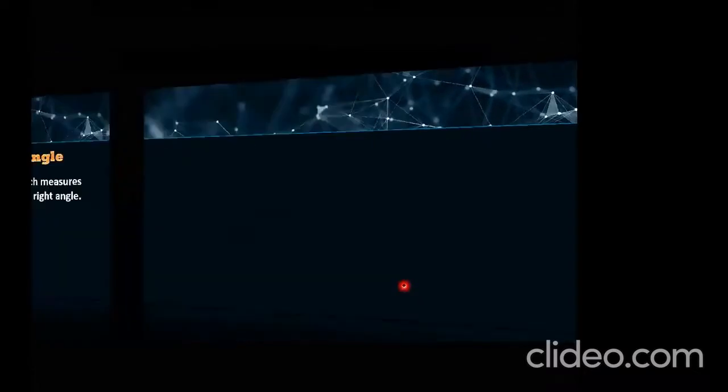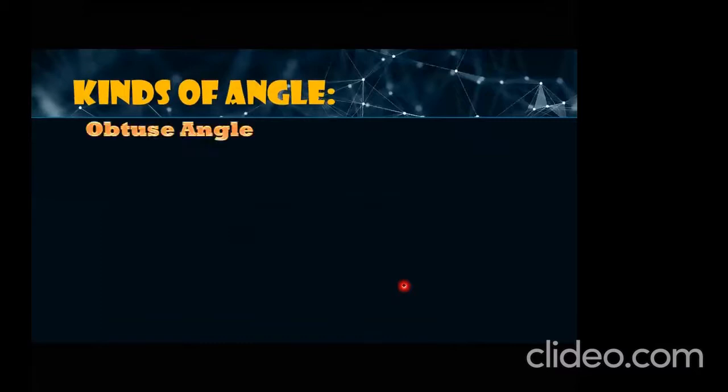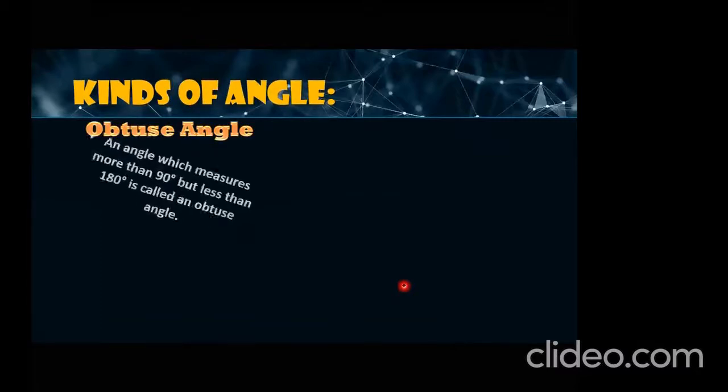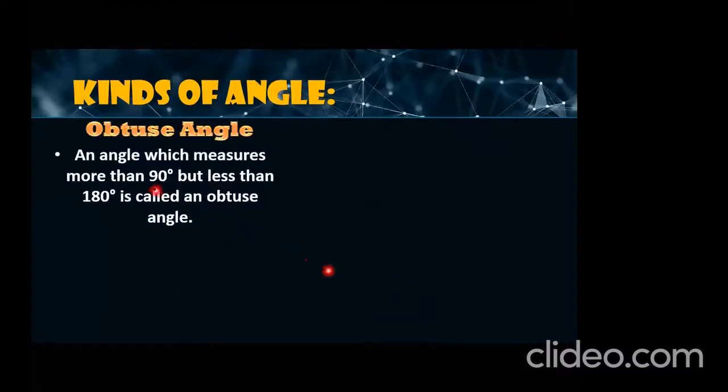Right. Now the next kind of angle is the obtuse angle, a very simple and easy one. An angle which measures more than 90 degrees, meaning greater than 90 degrees but less than 180 degrees, is called an obtuse angle.